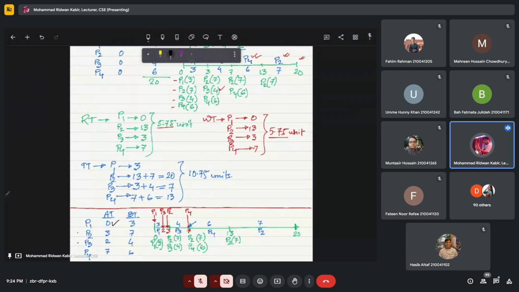Since it is without preemption, suppose a process arrives, and you have P1 with a burst period of 3 and P2 with a burst period of 7, and you have this timeline where both of them arrive at 0.